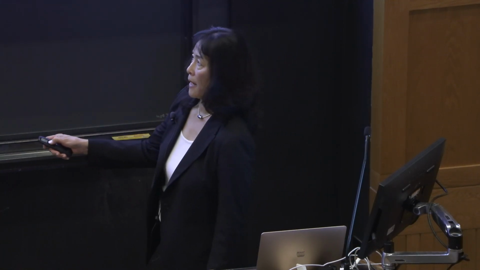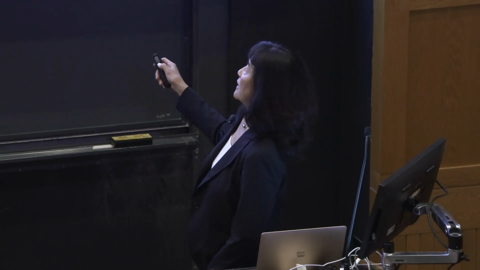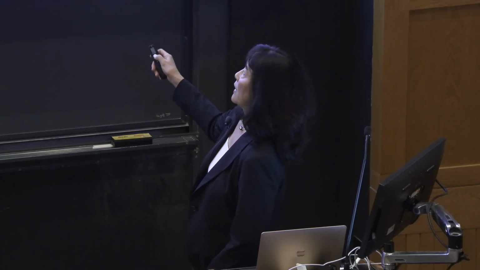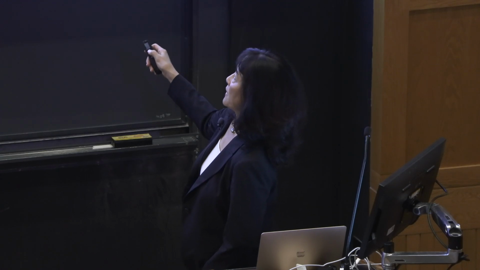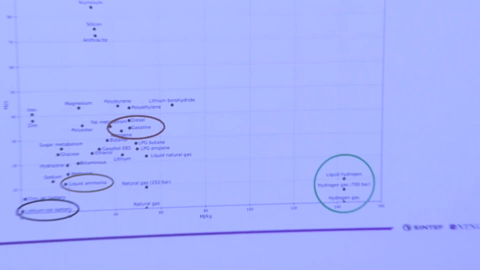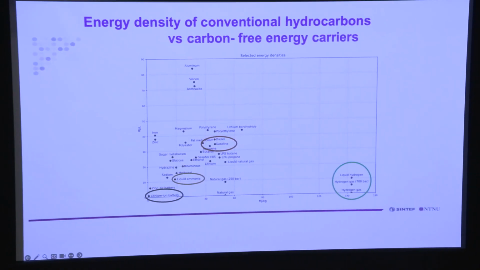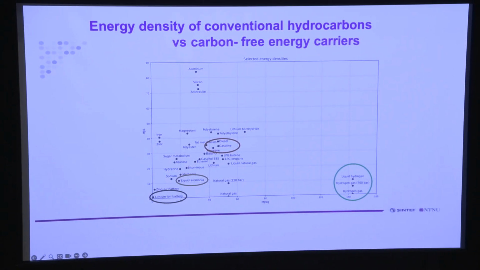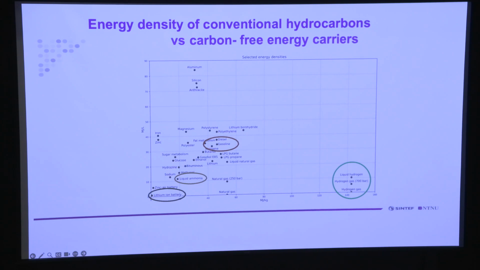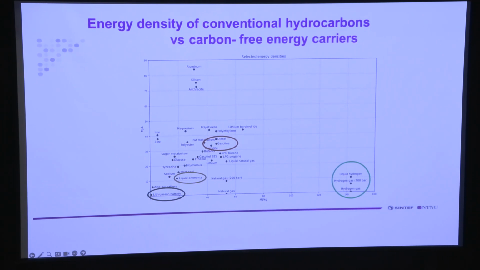And you can see that lithium-ion batteries, this black circle, are quite low. Hydrogen, as I said earlier, has huge specific energy, and if you liquefy it, it has comparable volumetric energy density to natural gas and liquid ammonia. But none of these fuels are still way below our conventional.